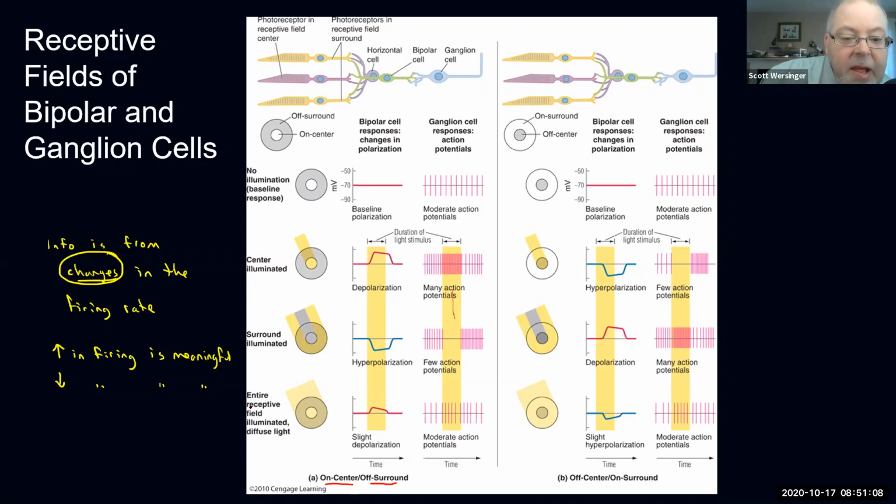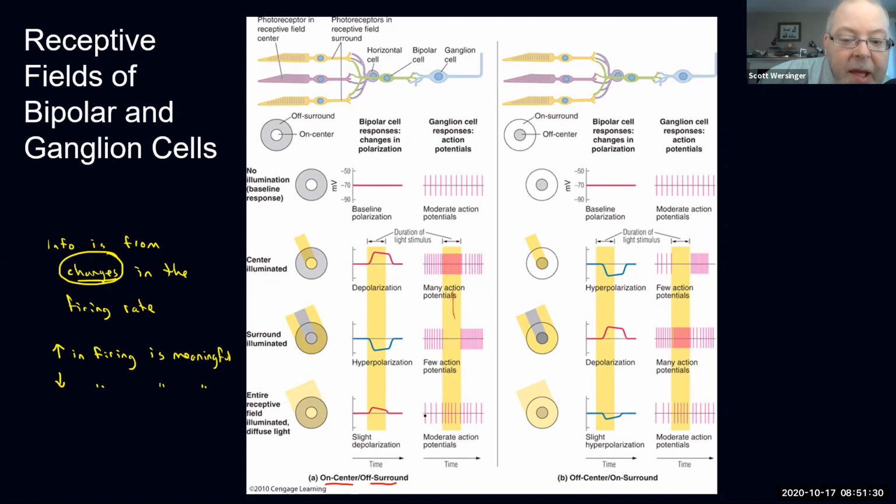In the case where we illuminate the entire receptive field, so both, we're going to have some excitation, we'll have some inhibition. What ends up happening is we get a slight depolarization in the bipolar cell, but this really doesn't do much.